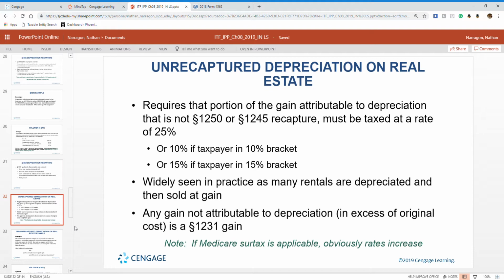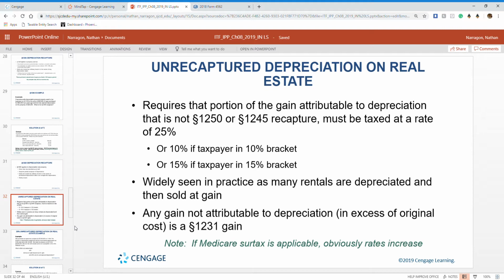It must be taxed at a rate of 25%, or 10% if the taxpayer happens to be in the 10% bracket, 15% if they happen to be in the 15% bracket. So if they're low income, they have those lower brackets, they get to be taxed at their rate. Beyond the 15% bracket, everything's 25%.